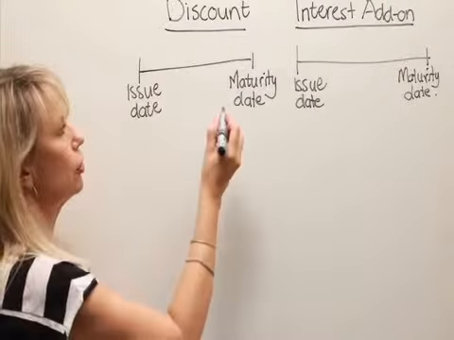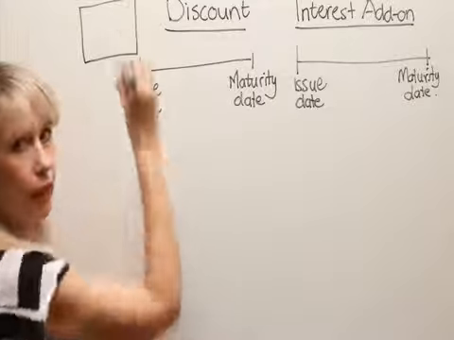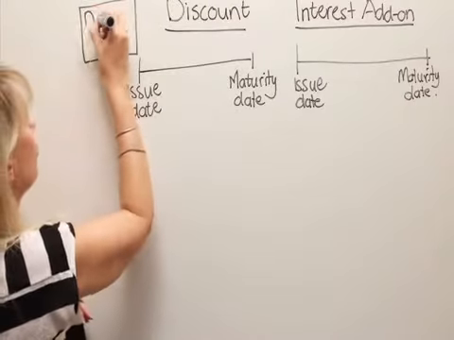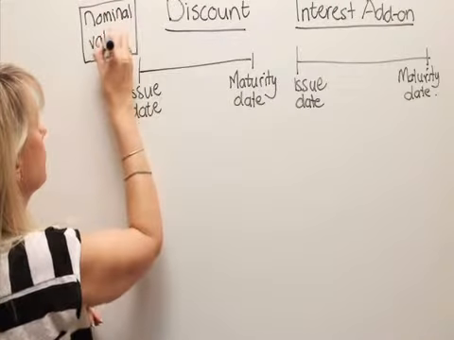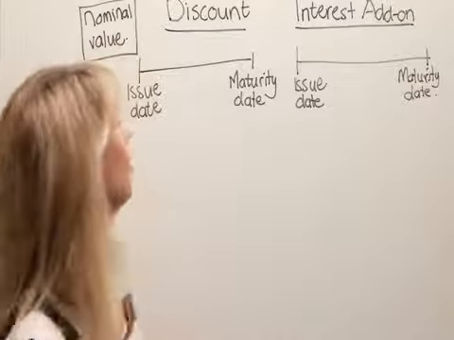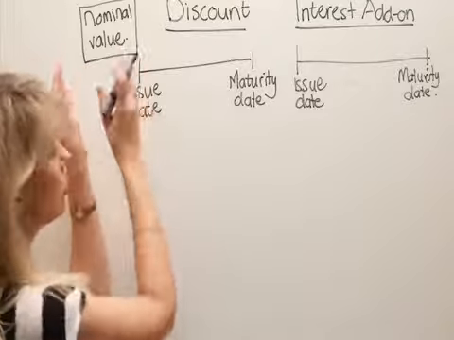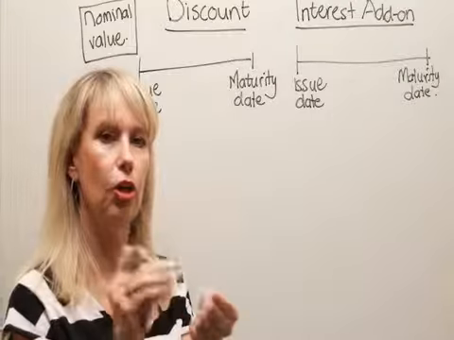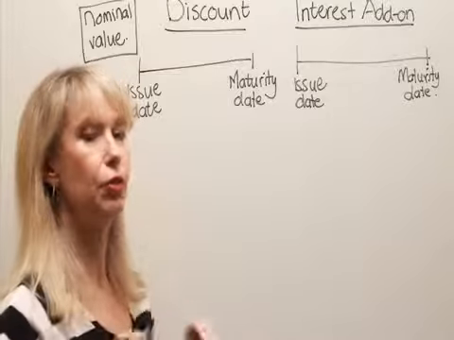Now first we have to look at what you will get on the maturity date. Now every instrument will have a nominal value. Now, in the days before computers, it was easy to identify the nominal value of an instrument because it was the value that was printed on the contract, on the piece of paper that you would have received for the instrument.